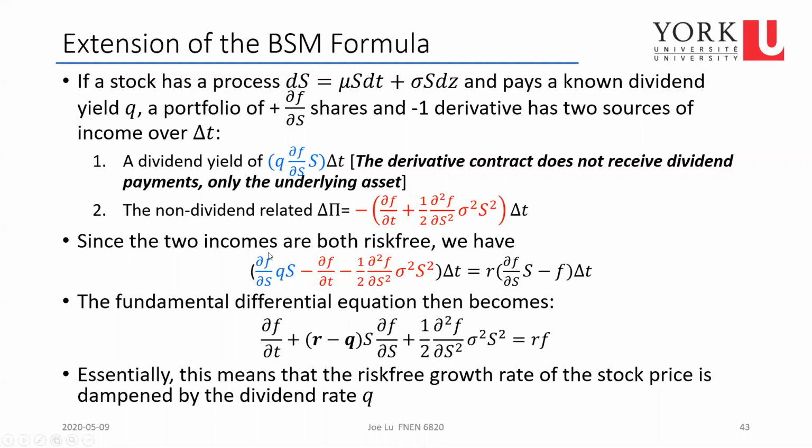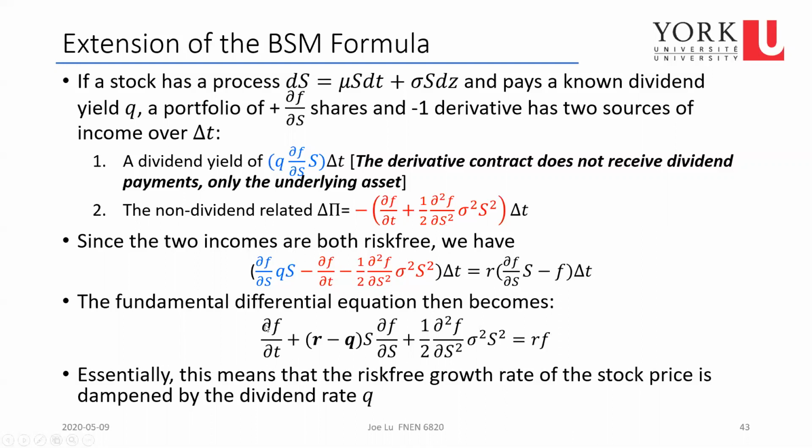Now, the change of the portfolio value is the combination of both sources. So you add them together, and that is equal to R times the initial value of the portfolio times delta T. So drop out the delta T and rearrange your differential equation.